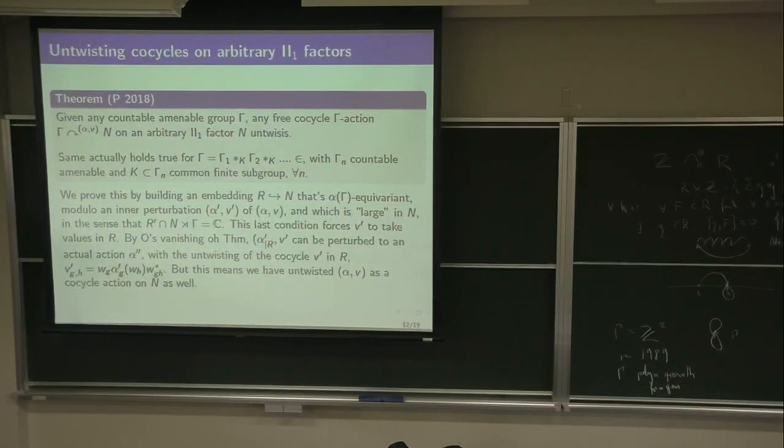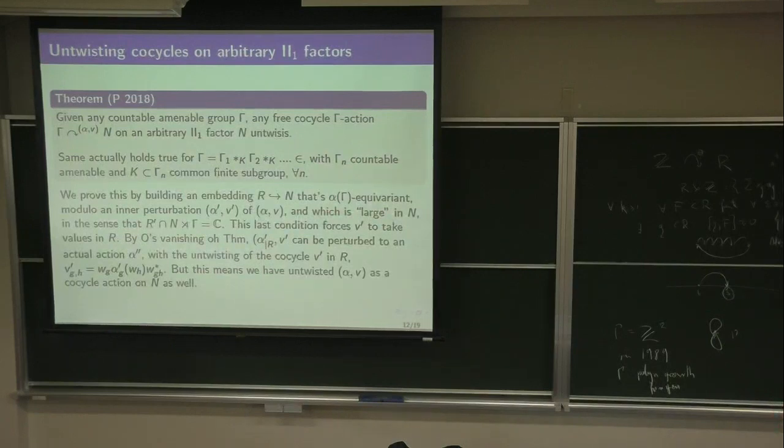So you perturb each alpha_g by some unitary, at the sacrifice of modifying it to another cocycle action, but one which really leaves R invariant.